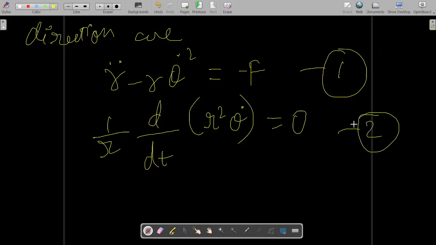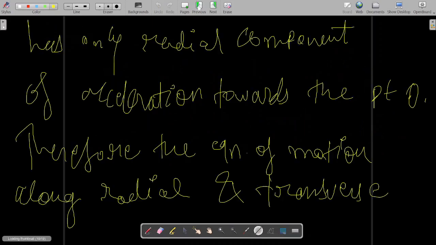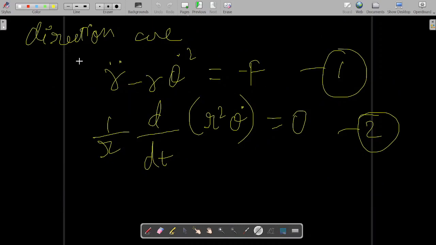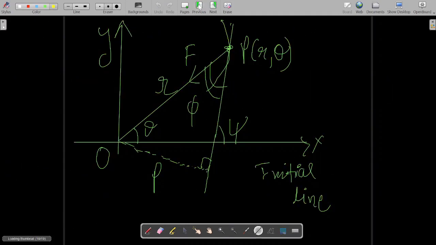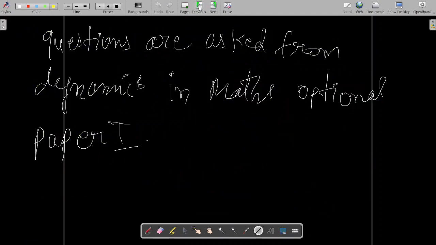In a similar fashion, these are the equations of motion in radial and transverse direction, which I have already written in the previous slides. You must have copied them down in your notebooks. Over here I had already written, see over here.